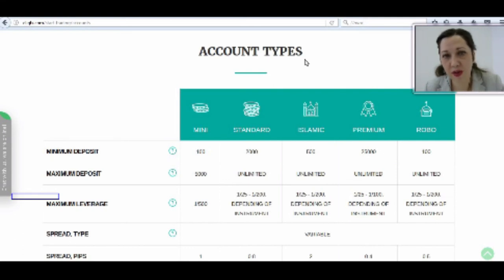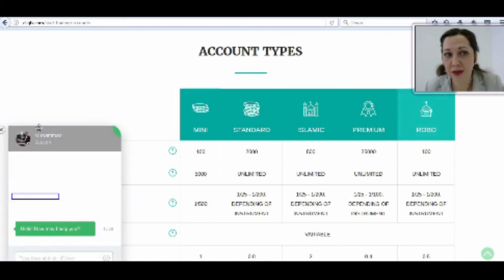There are separate accounts, and to tell you the truth, not all brokers can provide that. So we have different accounts like Mini or Standard or even Islamic or Premier or Robo. This is for trading actual robots.